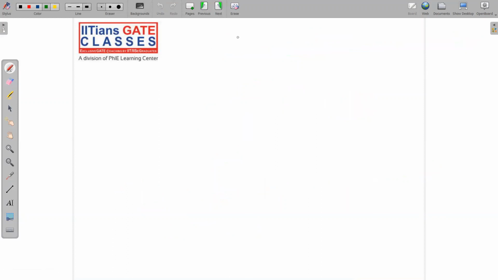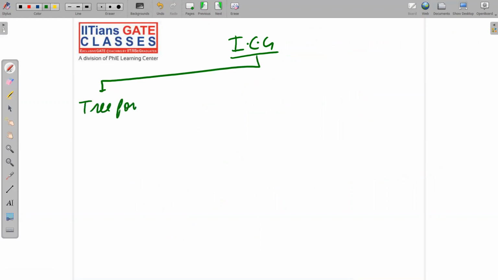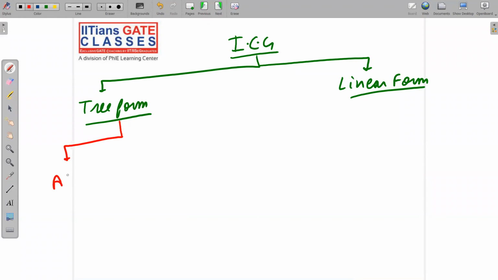Intermediate code is of two types. One is known as tree form and another is known as linear form. Tree form is again of two types. One is known as AST and another is known as DAG.